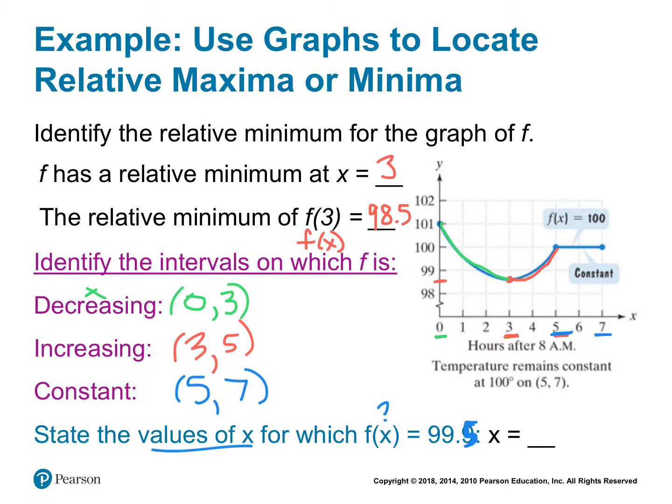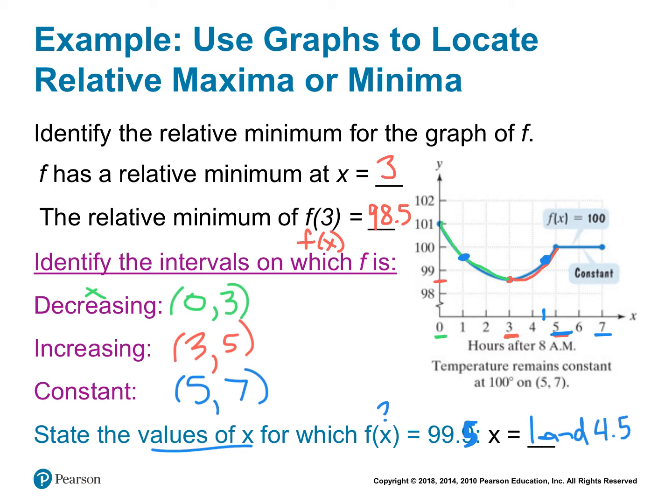So if I find 99.5 on the graph, we have it here. And you can also estimate it hits 99.5 there as well. So it's when the x is 1. Or when the x is, looks like 4.5.